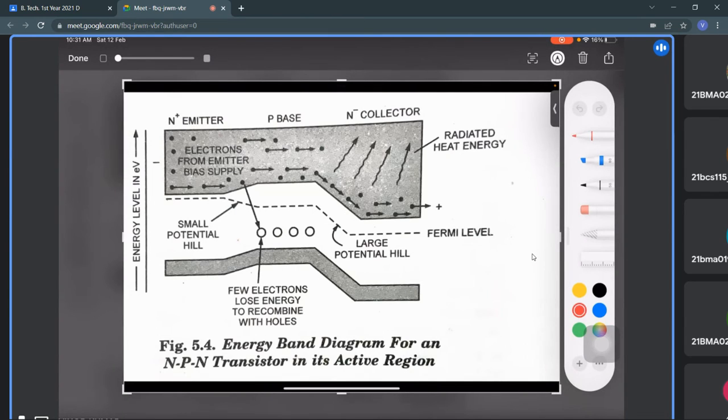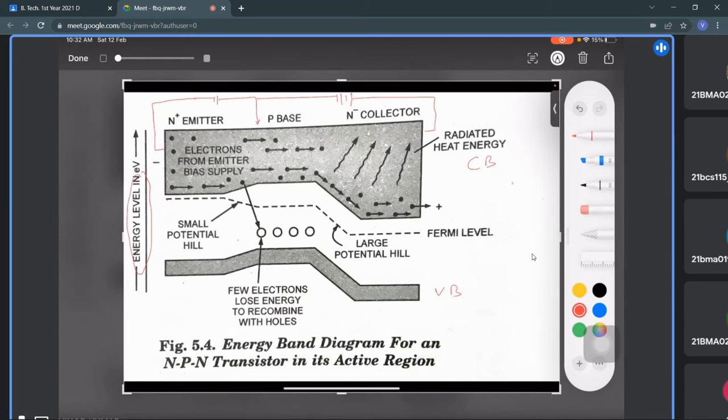So we know that this is emitter, with emitter the base was like this, something like this, right? Now if you see, we combine, these are energy levels, right? This is the valence band, this is the conduction band.